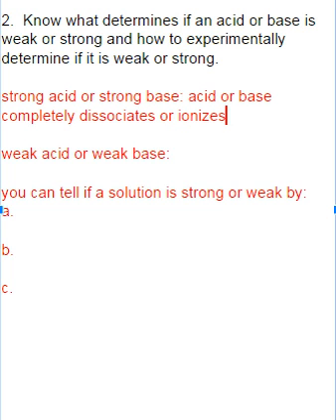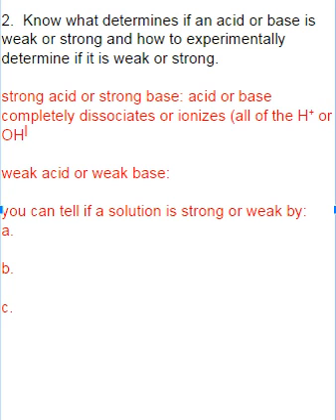And that just means all of the H plus or OH minus in the case of a base falls off, or more accurately gets pulled off of it.